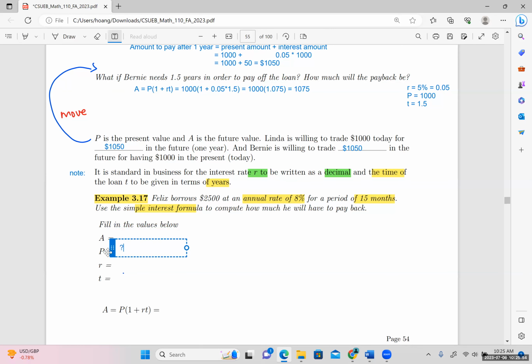What is P? Present value, because Felix borrowed $2,500. So it is a present value. And what's the rate? 8%, so it is 0.08. What is T? 15 months.